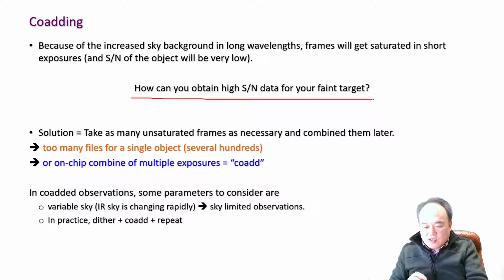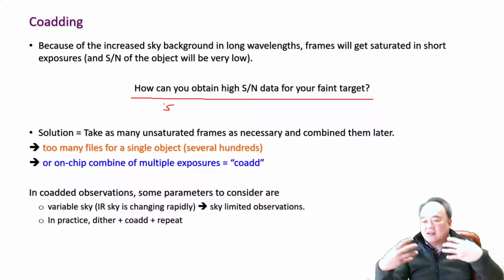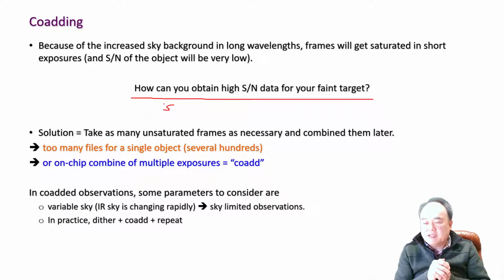So the coadded observation is specific in that it involves an interplay between the saturation level and minimizing the number of detector reads, I think, the write out into separate FITS files. In a coadded observation, we need to think about several factors, such as how fast the sky is changing, what sort of dither and coadd, and how many repeats of these dither coadded observations need to be chosen.